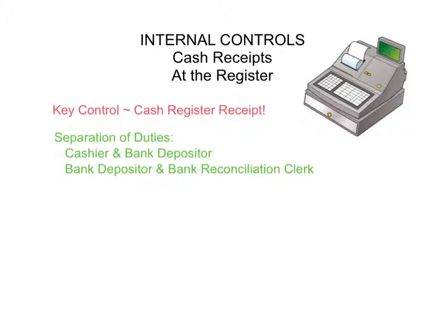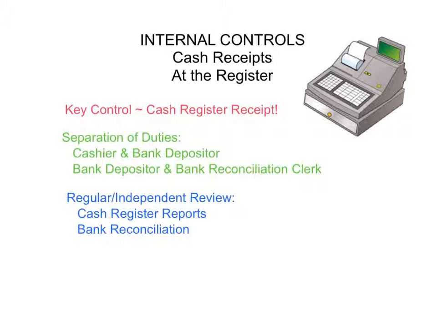Therefore, the amounts that were actually deposited by the bank depositor, which were agreed upon with the amount of the cashier or cashiers, need to be reconciled to make sure that that amount was actually deposited in the bank, and this would be caught or controlled by the bank reconciliation clerk. There is much greater discussion in more detail in later classes, but for now we were trying to show how some of our key internal control principles apply to cash register receipts.